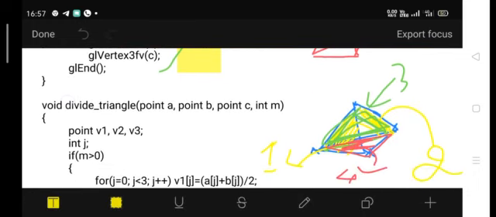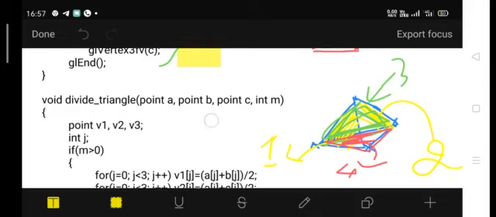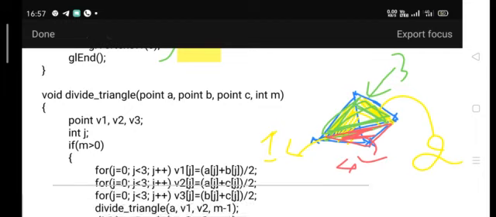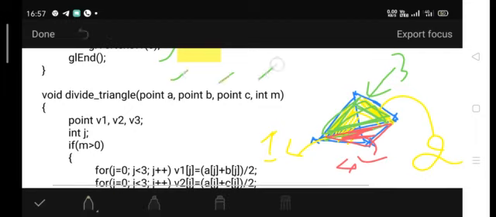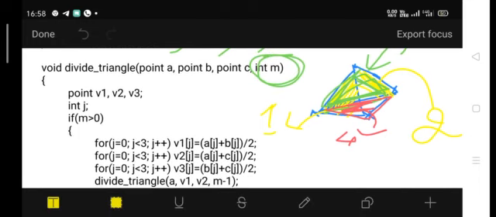Then divide_triangle is here. What does divide triangle stand for? As I said, the mechanism is that you need to identify the midpoint of each edge of the particular triangle or facet. So three points A, B as well as C are the formal arguments, and M stands for the integer value, the number of subdivisions you want to go for.